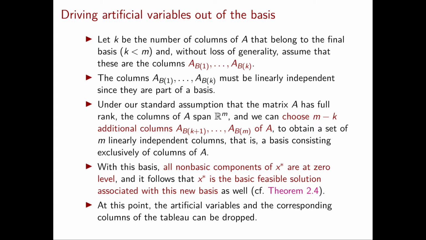So if we are able to obtain this new basis, then we're done because we reduced ourselves to the easy case where all the columns of the basis belong to the matrix A. And so the artificial columns can be dropped. We recalculate the vector of reduced costs, and we end up with an initial tableau for our simplex method.